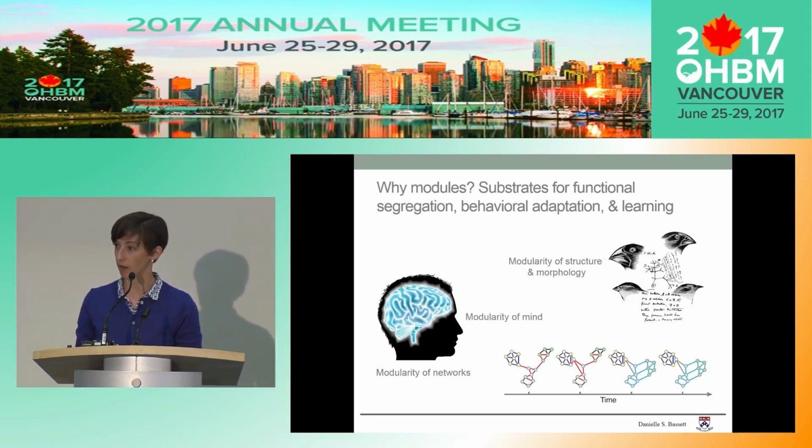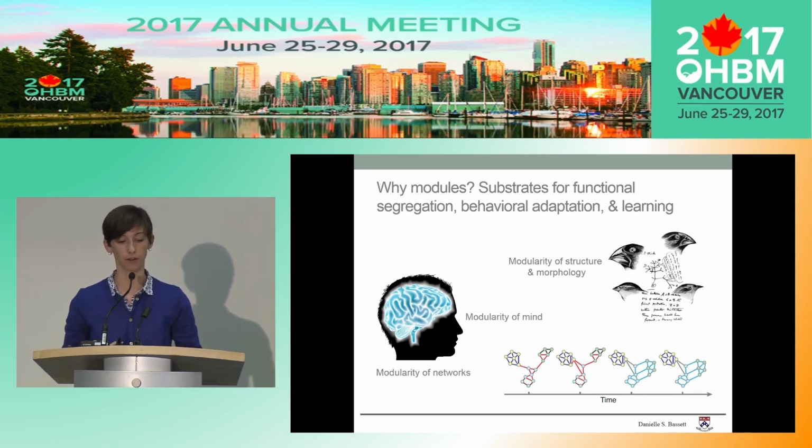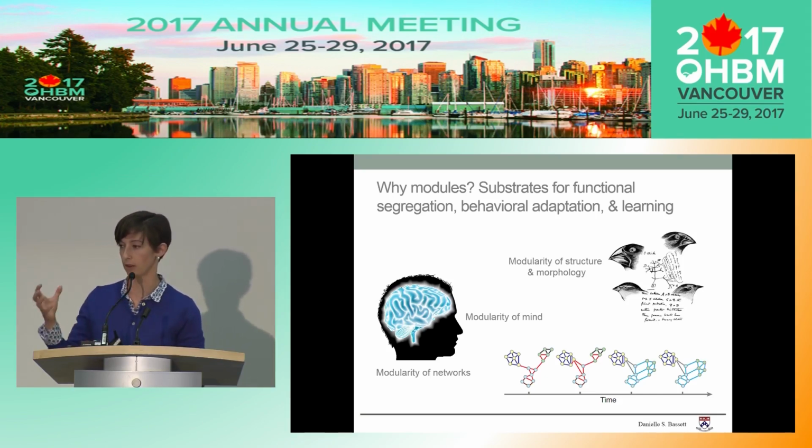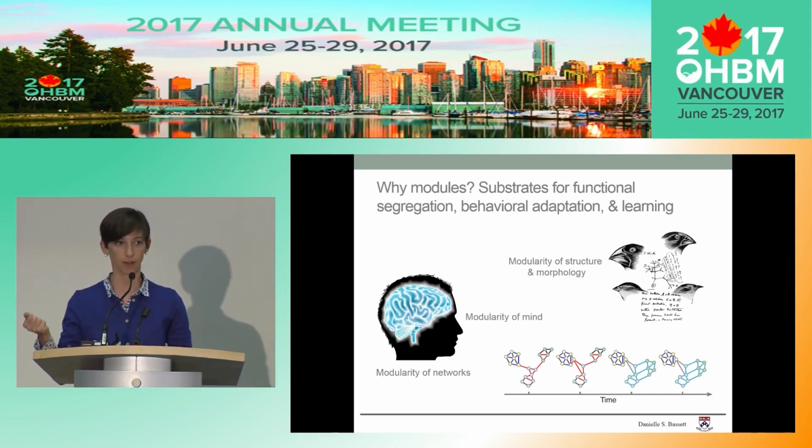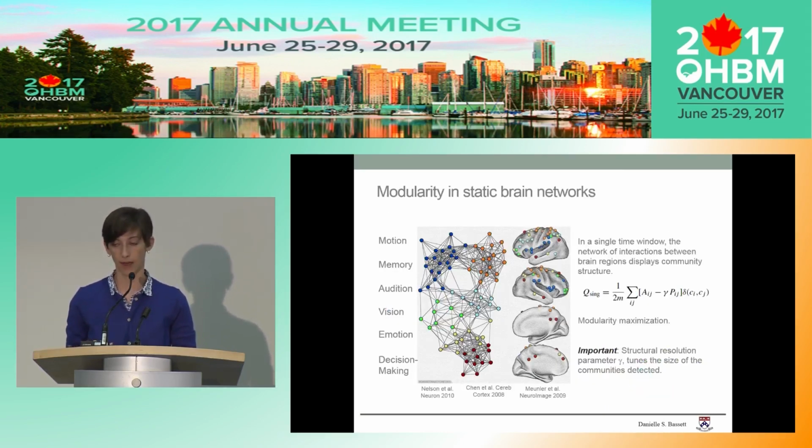Modularity of mind is another common idea. I'm thinking particularly of Jerry Fodor's book called Modularity of Mind, which was written in the 1980s, suggesting segregation of function in the brain. But finally, we can actually make all of those ideas a little bit more concrete by studying network organization and identifying where the modules actually are. So how do we do that? Well, we can do that in a couple different ways.